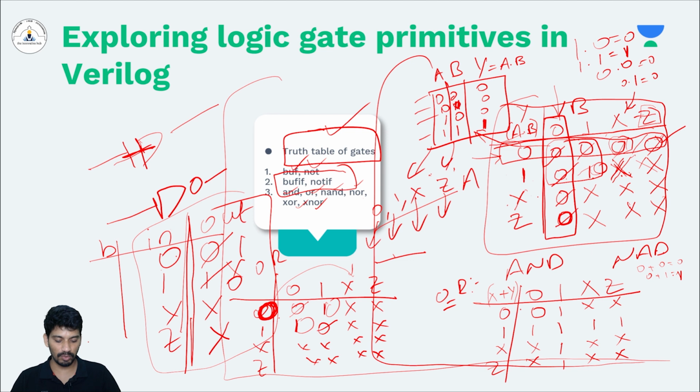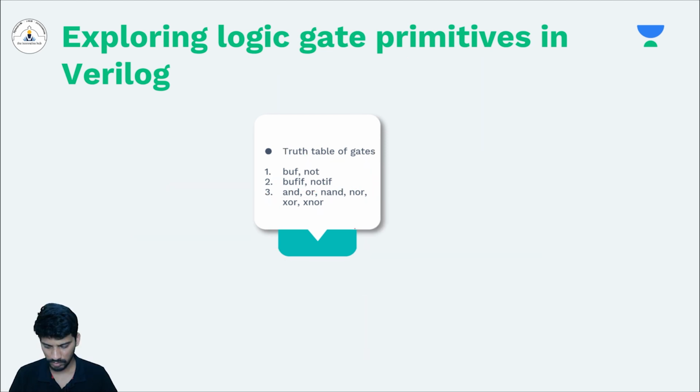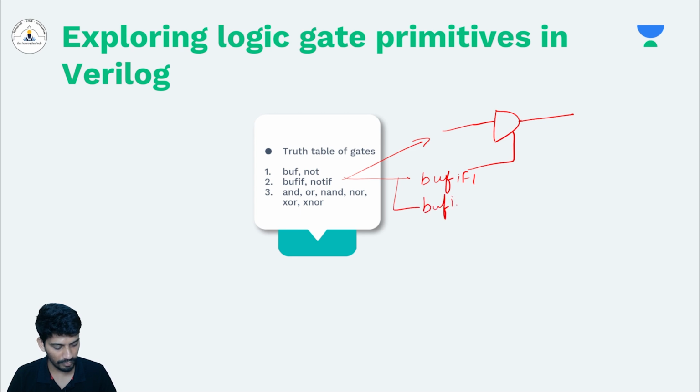So let's see the truth table of these two. The bufif and notif have an additional control signal like this. If you draw the schematic of bufif, there are actually 4 different gates. One is bufif1, second one is bufif0, third one is notif1, and fourth one is notif0. So this is the schematic of bufif1.